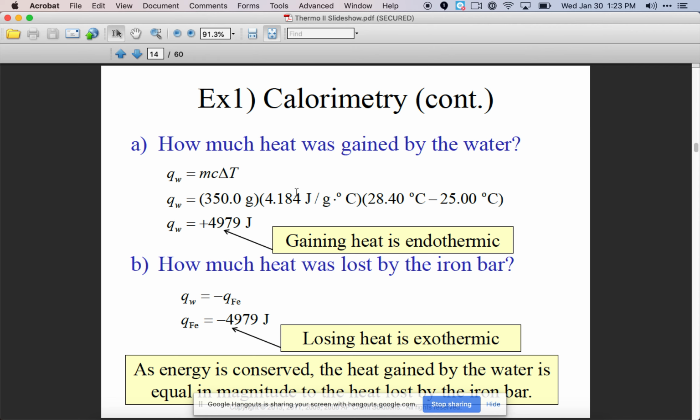Yeah. So you're not directly measuring the temperature of the metal per se. And you're assuming that whatever that temperature change, you know the specific heat of water and you know the mass of the water. So what you're calculating is the amount of heat that the water took in from that piece of metal. You all right with that?